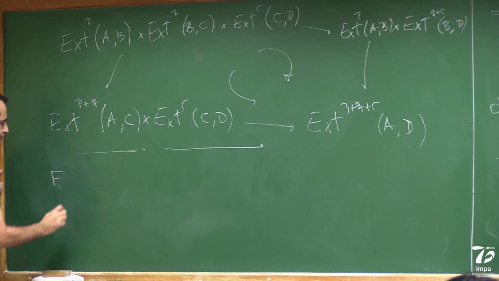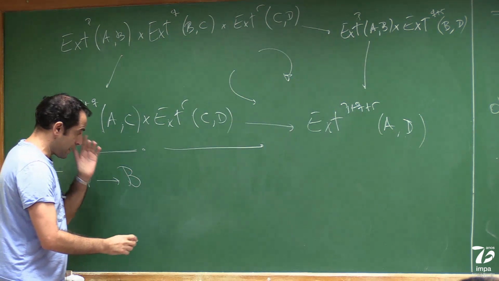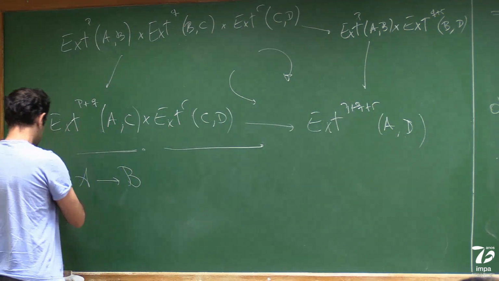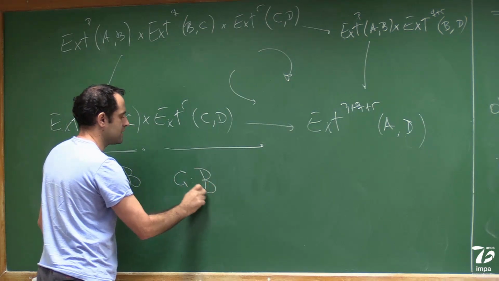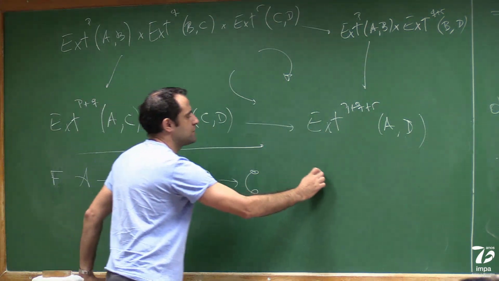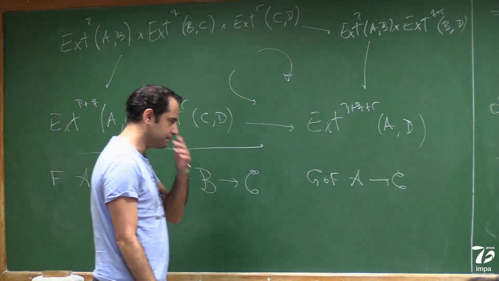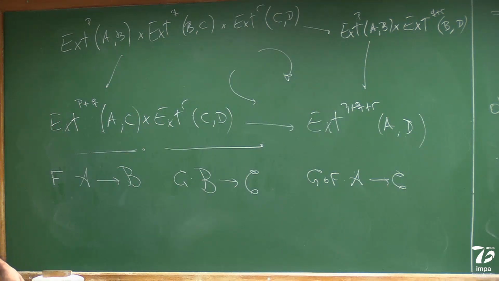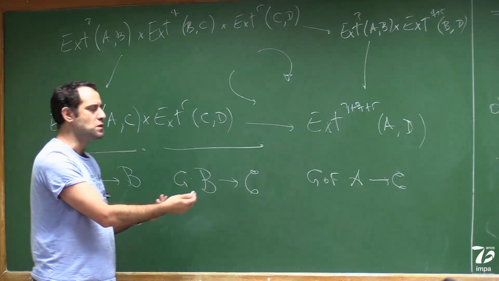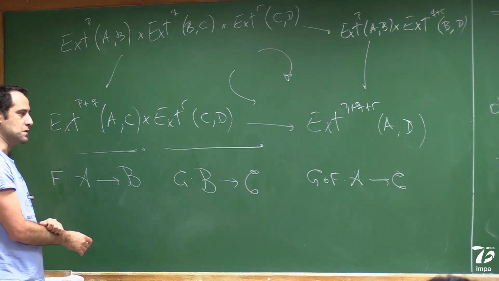I have some F, let's say from A to B, and I have some G that goes from B to C. So therefore, I have the composition of G composed with F from A to C. Well, I would want to say that if these are left exact functors, I can compose them and see if I have a left exact functor and compute the derived functors of each one of those.